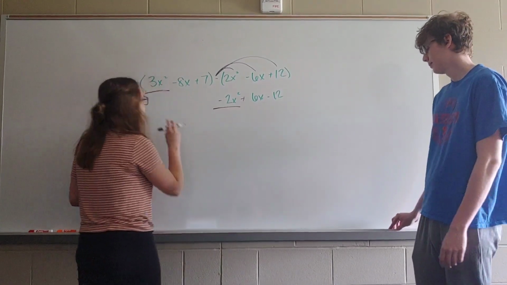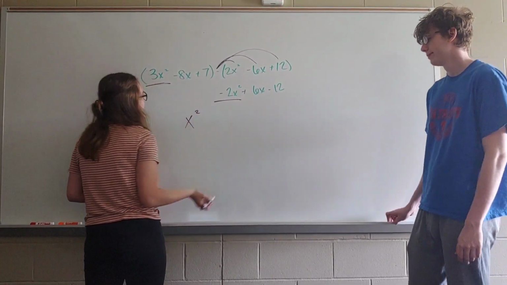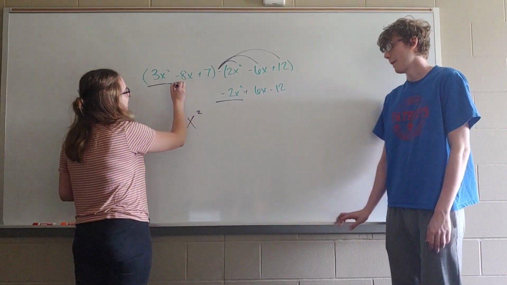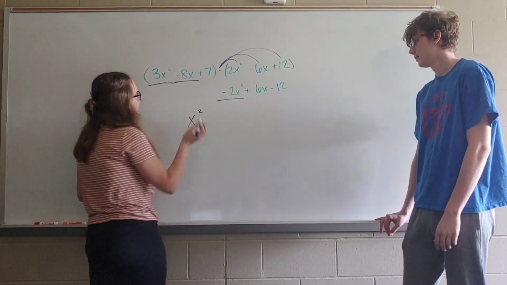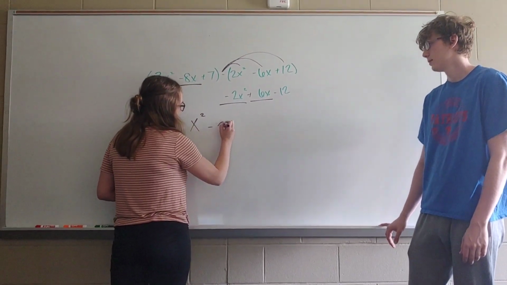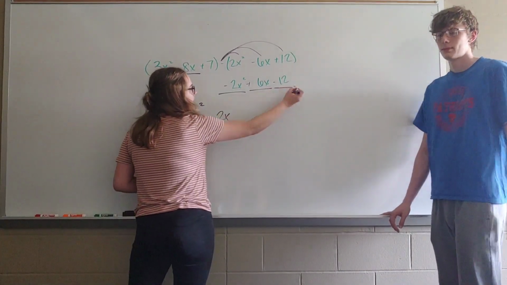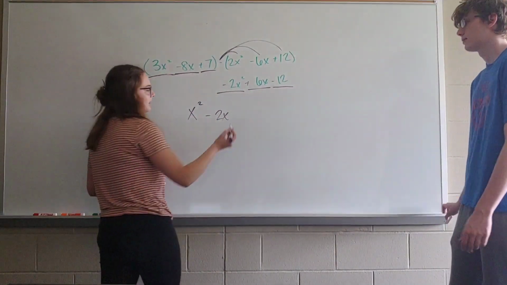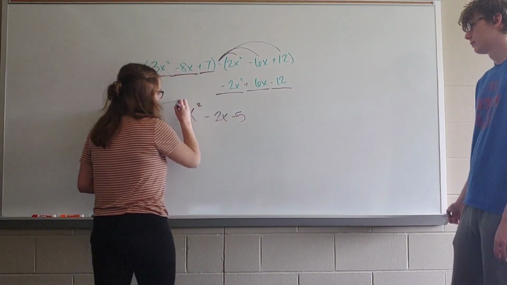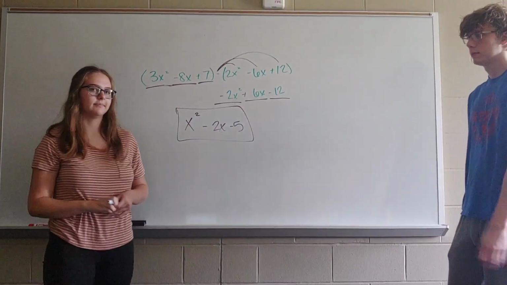So that would be 3x squared minus 2x squared, so we would get x squared. Then we're going to take our next one, which is to the first. So negative 8x plus 6x is minus 2x. Lastly, we're going to take negative 12 plus 7, and we're going to get negative 5. So our answer would be x squared minus 2x minus 5.